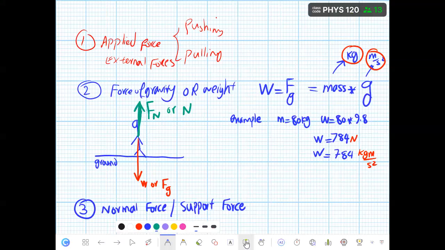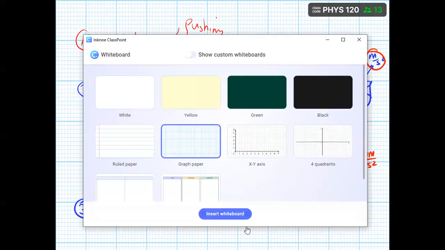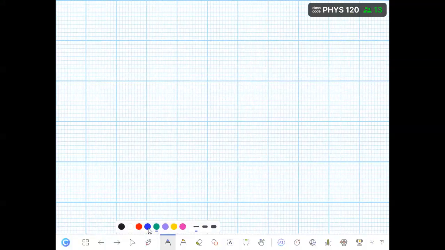Okay. Next one. Number 4, tension force. What is the tension?